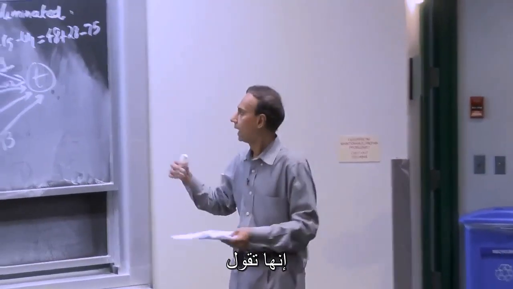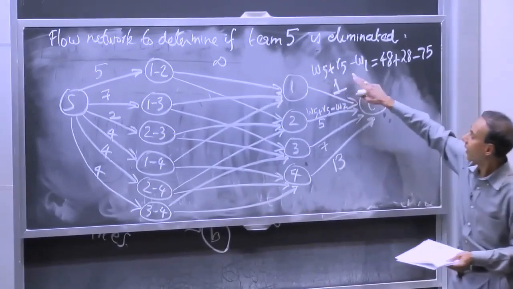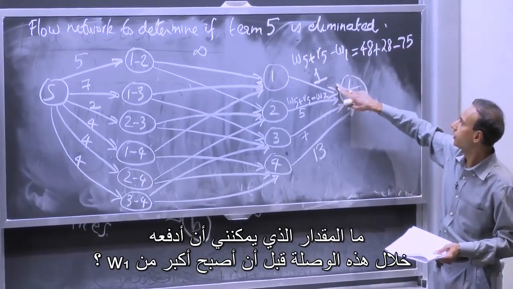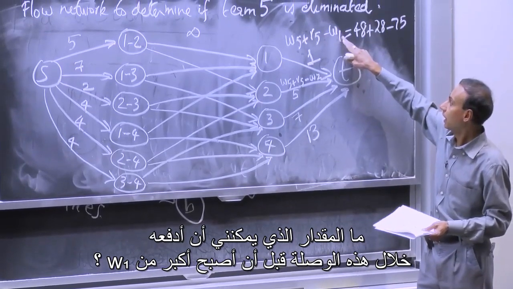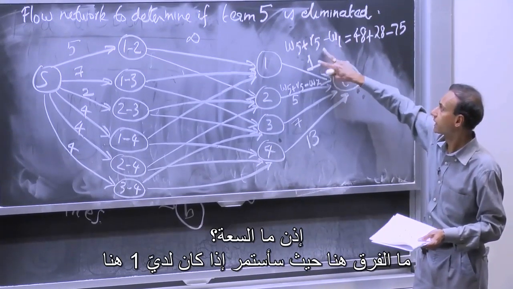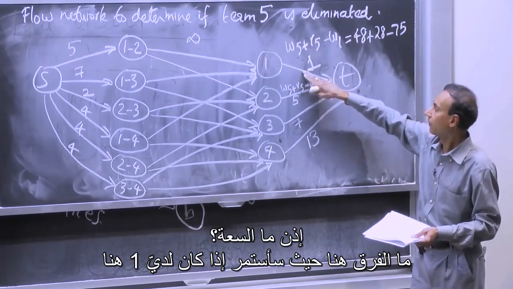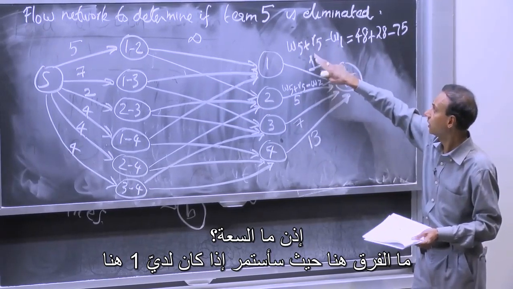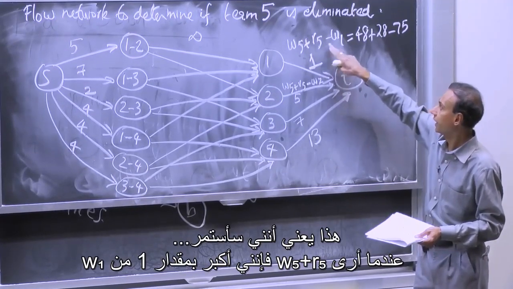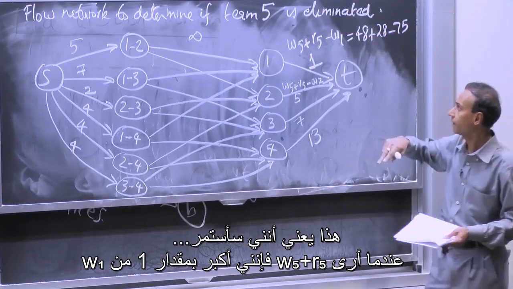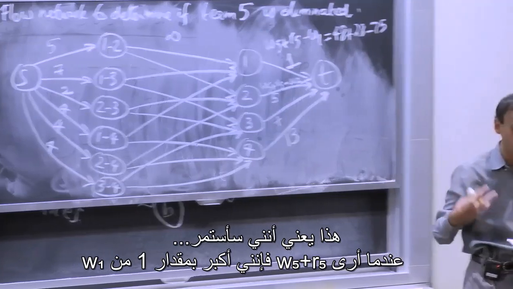It says, how much can I push through here before I get greater than W1? So what is the capacity? What's the difference here? If I have a 1 here, that means that when I see W5 plus R5, I'm 1 greater than W1.